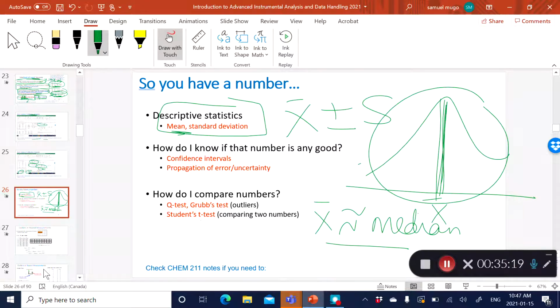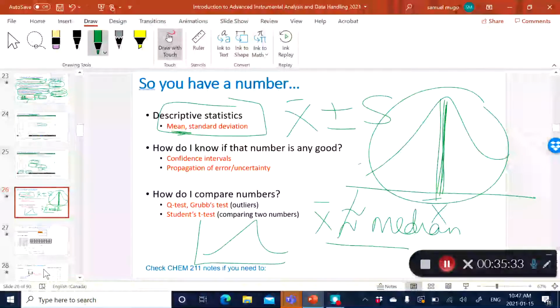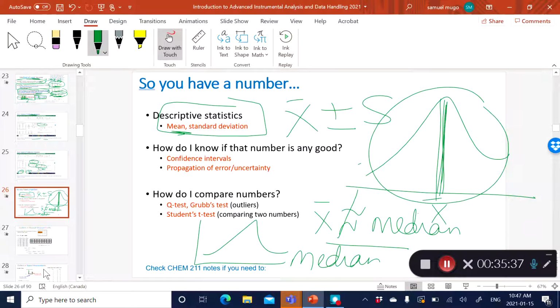But if at all the distribution is not normal, meaning it's skewed, then you're going to see the mean is not equal to the median. So if that be the case, the data that is most accurate would be the median. Okay? So what I'm saying is, for a non-normal distribution, the data that you should actually report for grading should be the median.